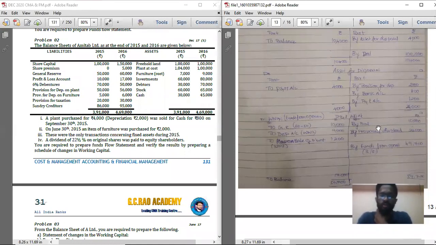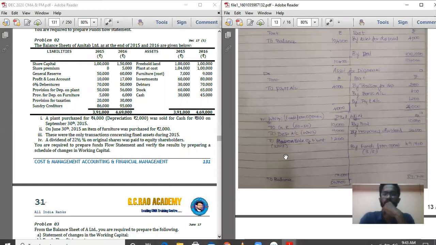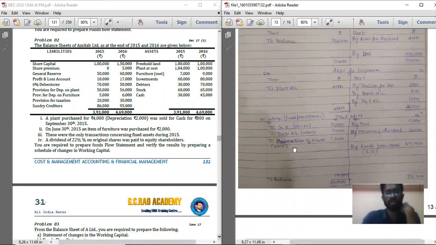Erase it, don't copy it. Below that itself, on the debit side, when you are paying dividend, that should be debited to your P&L account, right? When you are paying dividend, that is out of profits. So below that record "To proposed dividend." How much is the proposed dividend? We have calculated original shares 1 lakh into 22.5, that is 22,500. To proposed dividend, amount column record 22,500.